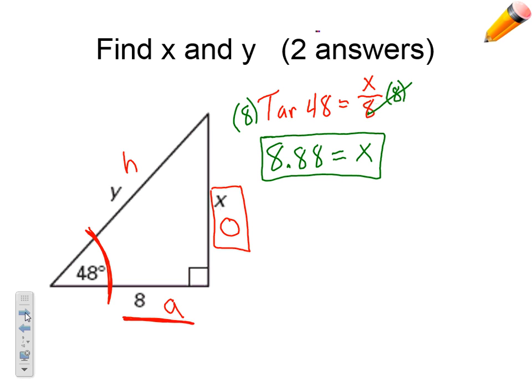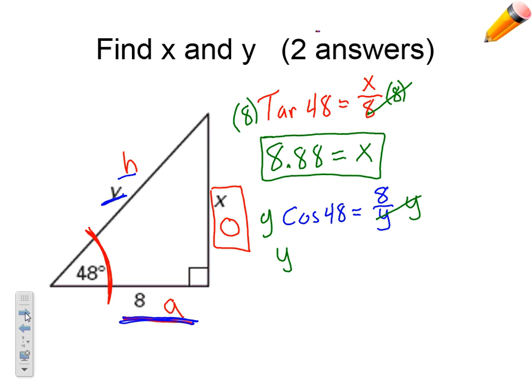Now I have to solve for my y, so I'm going to use the hypotenuse, and I'm going to use the one given to me, which is adjacent. So adjacent and hypotenuse is cosine, so I have the cosine of 48 equals 8 over y. To solve for y, I need to multiply both sides by y first. Those cancel.